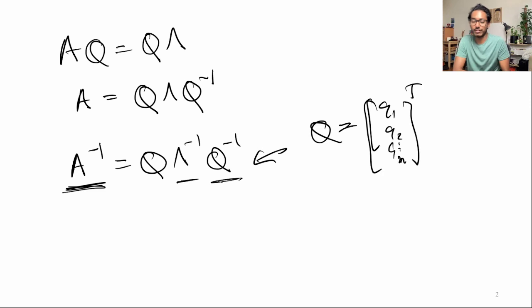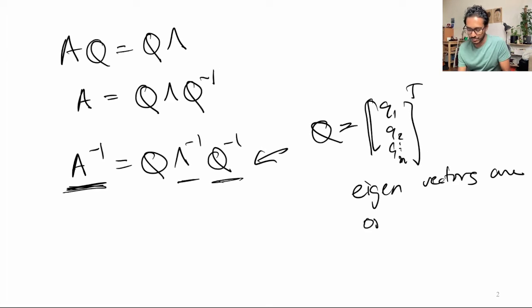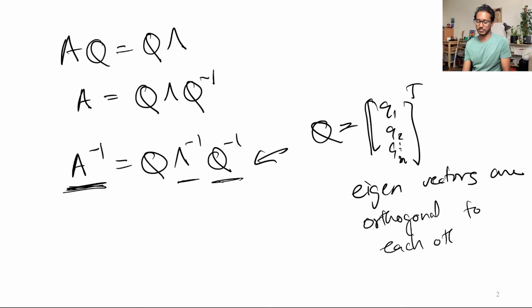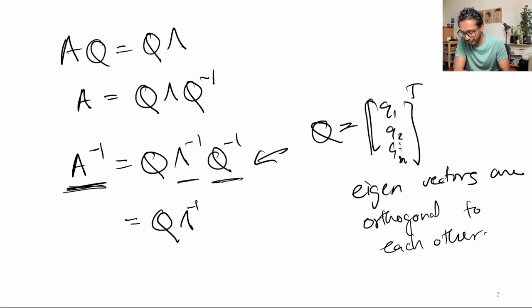We know from linear algebra that eigenvectors are orthogonal to each other, and this means Q is an orthogonal matrix. From matrix theory we know that if Q is an orthogonal matrix, Q's inverse is equal to the transpose of Q. Now that is much easier for us to calculate.